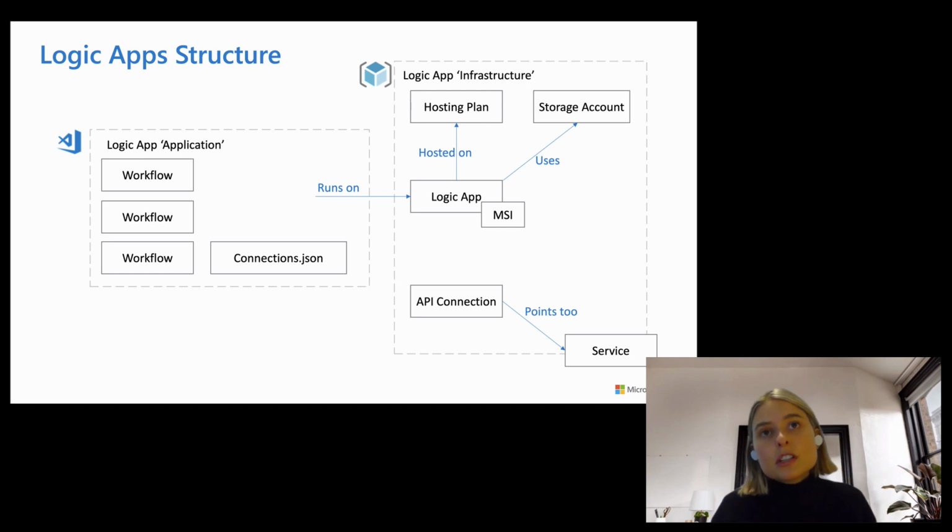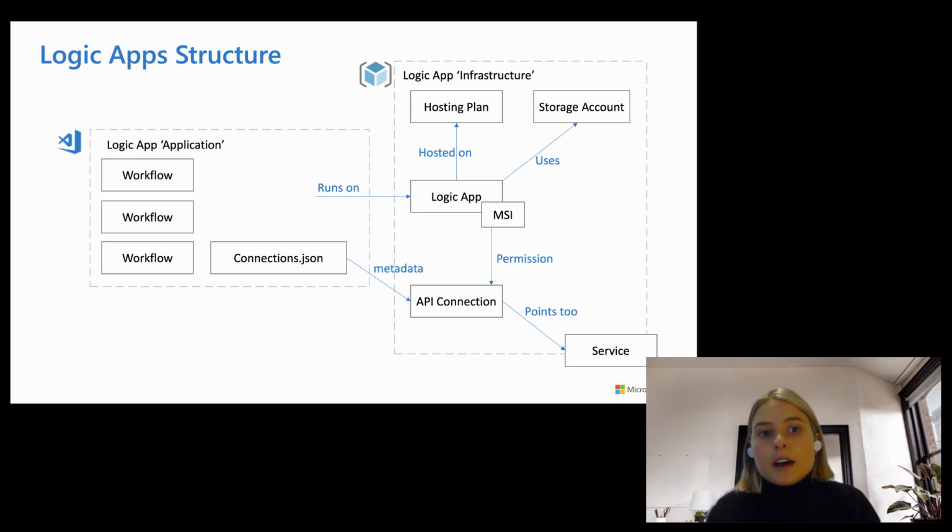So the logic app in question now has a managed service identity, and the API connections have access policies to say, yes, I trust logic app A to do X with my backend service. So this means in your ARM templates, you'll just need one extra step, which is to add an access policy when you are creating those API connections. This means that you'll most likely need to have the logic app pre-deployed before you run those connections.